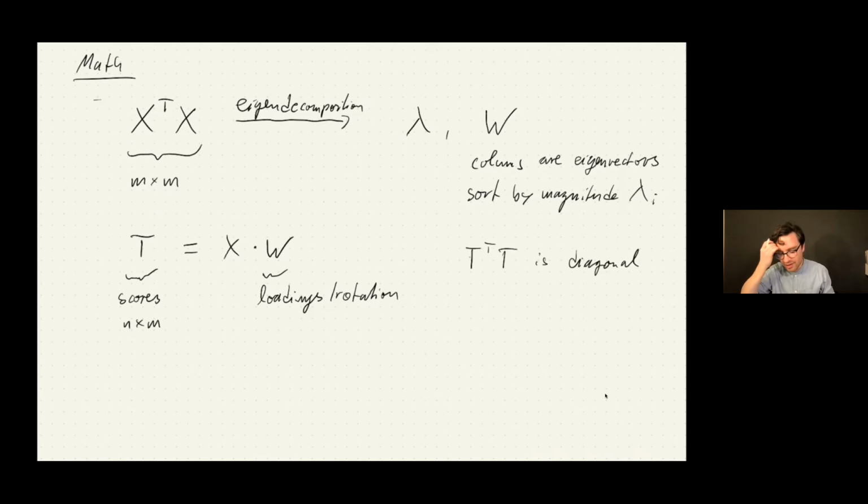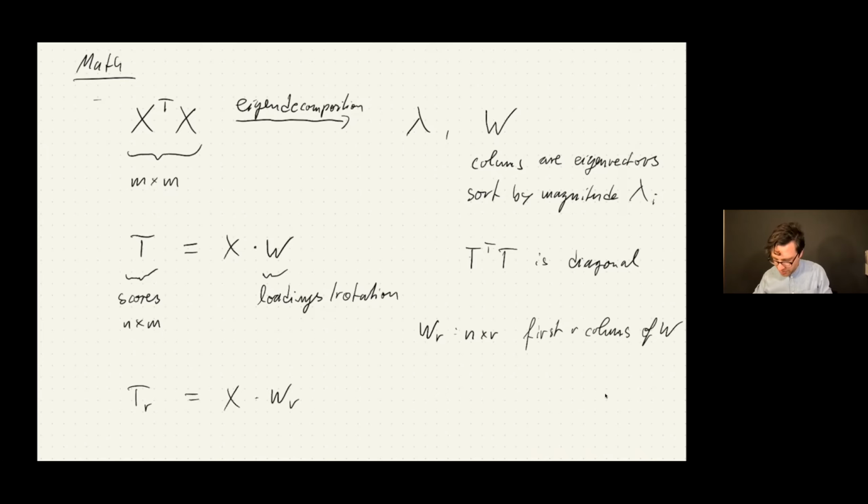Well, the idea is, because the eigenvectors are sorted by the magnitude of lambda i, that we can truncate it. And if we define W_R, which is an n by R matrix, as the first R columns of W, then we can get a projection in lower dimensions of our data just by using X W_R.